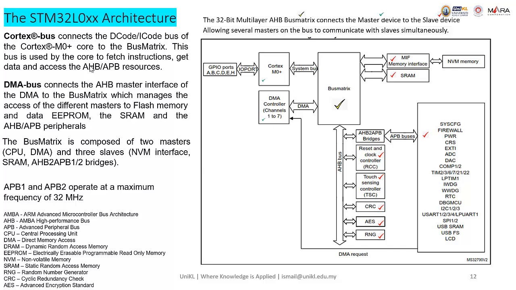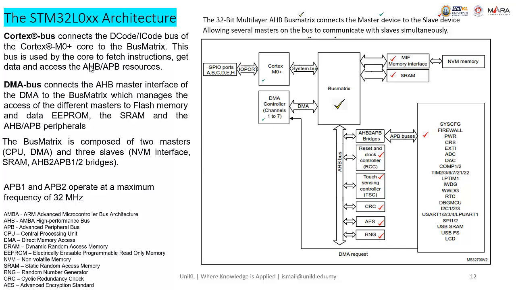And then it has a DMA bus. So the processor also comes with the DMA, Direct Memory Access. The DMA bus connects the AHB master interface of the DMA to the bus matrix, which manages the access of the different masters to flash memory and data from SRAM, AHB, APB peripherals.